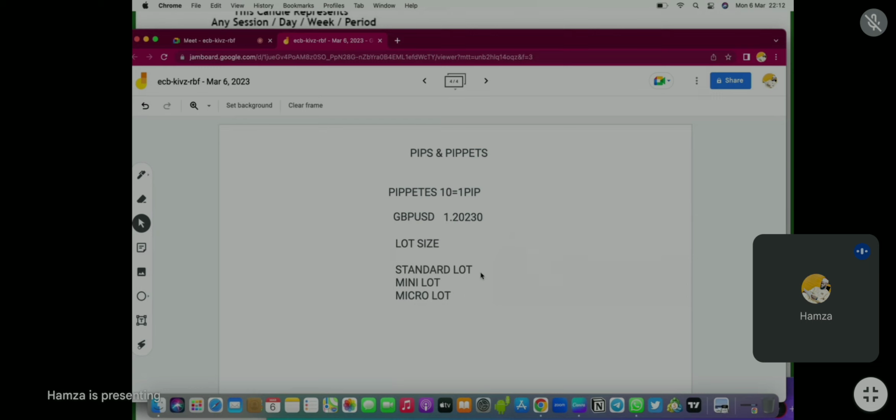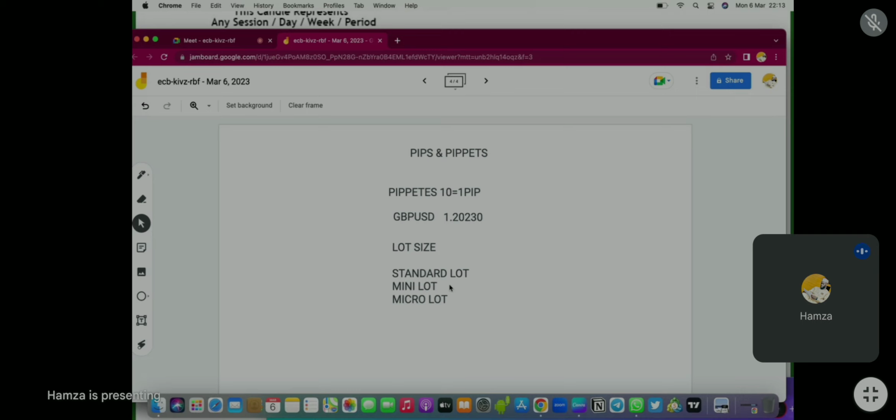Now, the concept of lot size is very, very important. If you trade and you get 10 pips, you might get $10 as profit if you are using a mini lot, but a person using a standard lot having gotten the same 10 pips would be getting $100.